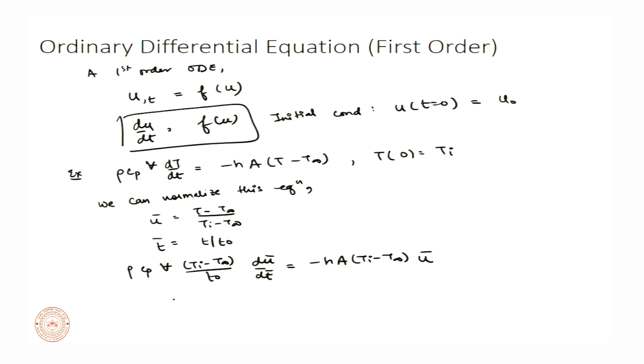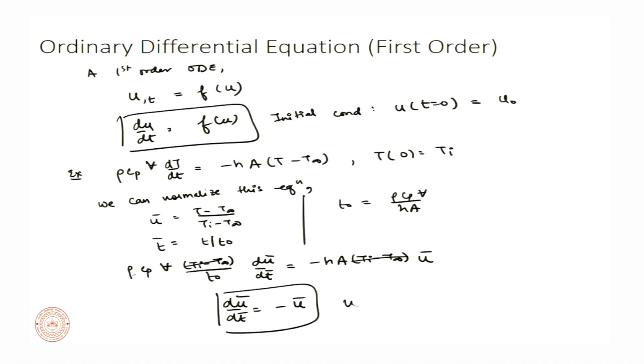If you take the value of t naught equals rho Cp V over hA, and take this to the left hand side, we will see that these terms cancel out. This t naught cancels out with the hA and rho Cp V, and your expression will be du bar by dt bar equals minus u bar, and your initial condition will be u bar at time t bar equals 0 is equal to 1. So this is your governing equation, and this is your initial condition.